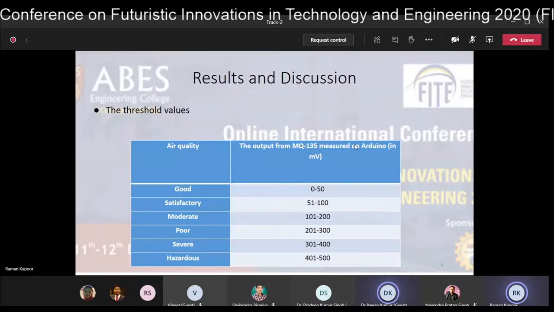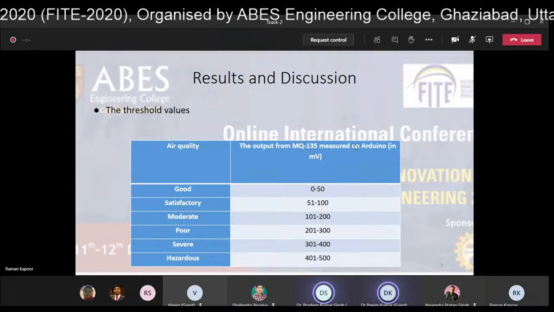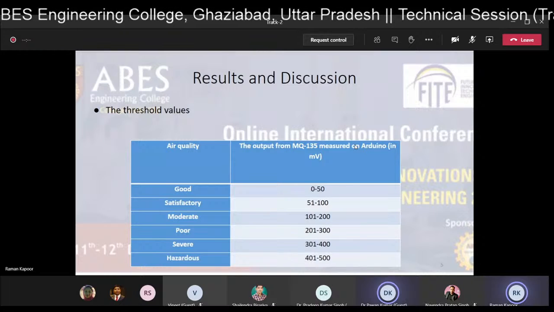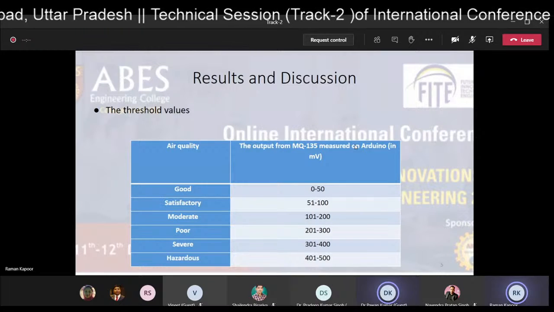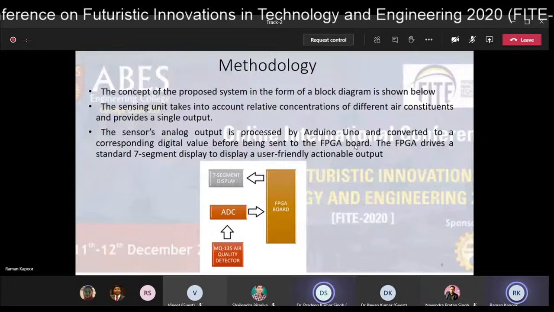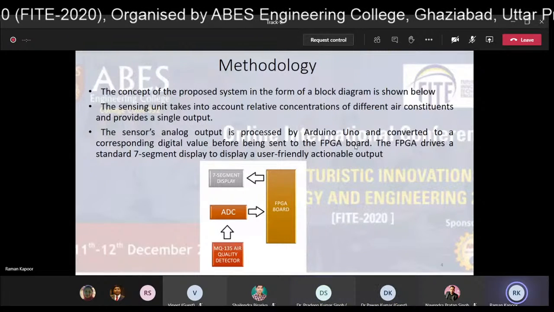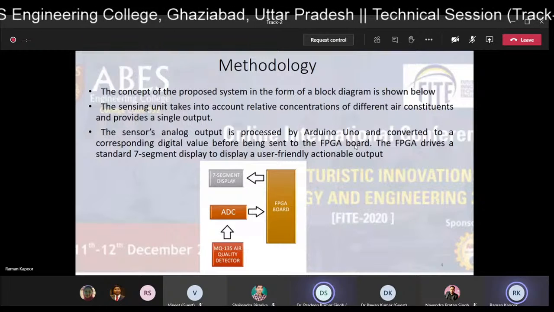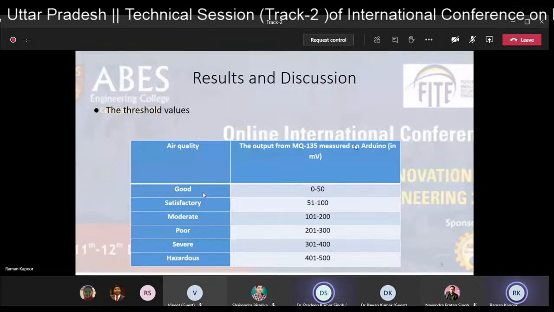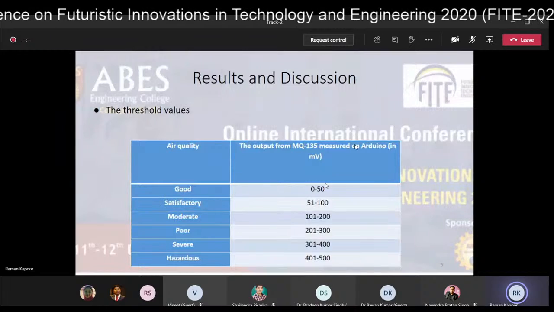Do you know what kind of reaction takes place when the quality goes down? You mean the air quality? Yes, sir. It actually has a resistive network inside it. That chemical reaction alters the resistance, and because resistance is directly related to voltage, there's a network of resistances inside.